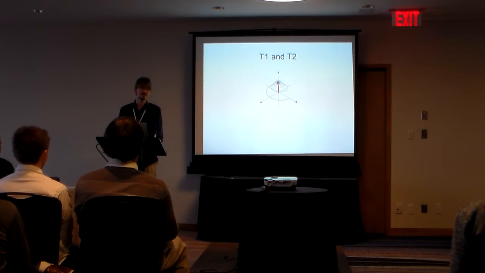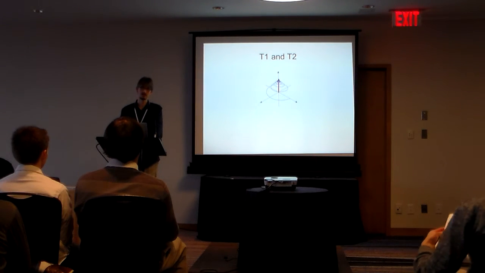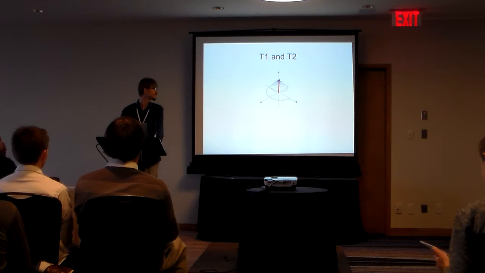It is how long it takes, or the time scale on which the magnetization vector returns to point along the direction of the magnetic field. And then the second decay, or time constant, is the decay of the size of the spiral. So that is the T2 decay. It is how quickly, in the transverse direction, the magnetization disappears.